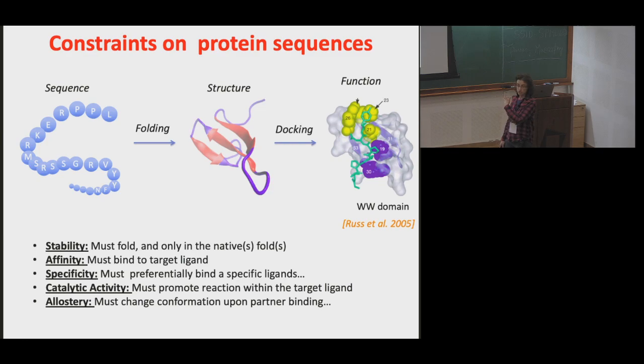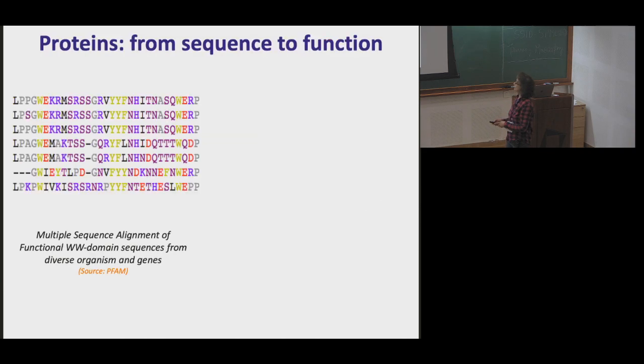So we want to see how all these constraints are encoded in the sequence. And the fact that now we have a lot of sequences, not just one, means we can use all this data to infer these constraints.